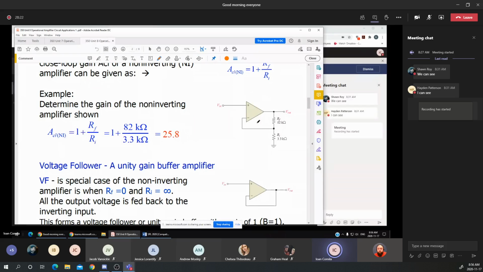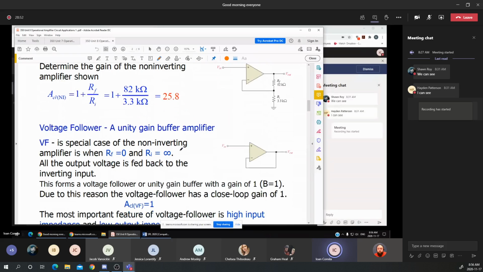It means that without knowing the internal design or the internal components of an op-amp, we can define a precise value for the gain of the circuit by simply adjusting the two external components, the RF or the Ri or both of them, to have a precise gain.